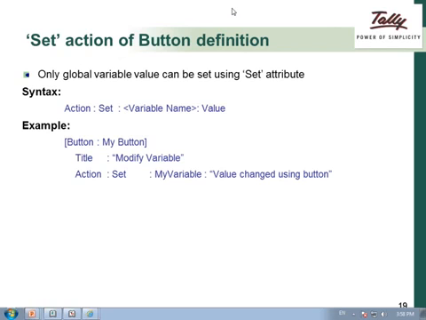However, the syntax is same. At report level we will write set colon variable name colon the value it has to change to, and it makes it as an initial value. At button level we write action colon set colon variable name colon the value it has to change to, and the variable value will change only after the button is hit, right?